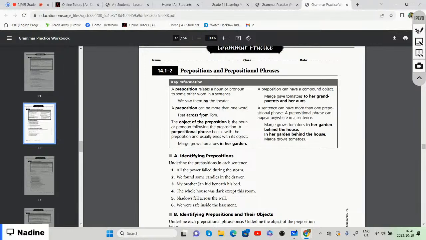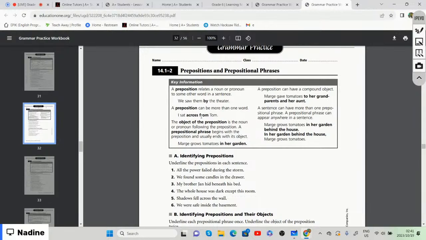So it's like asking where, and then you say by the theater. If we select the preposition within that sentence, our preposition is by. It's like asking where. It's by the theater.